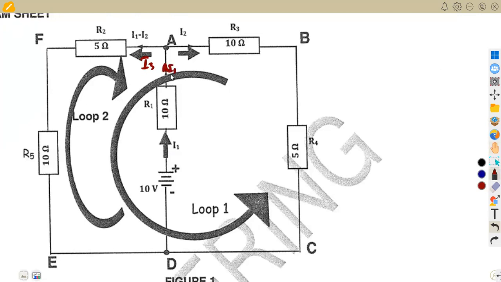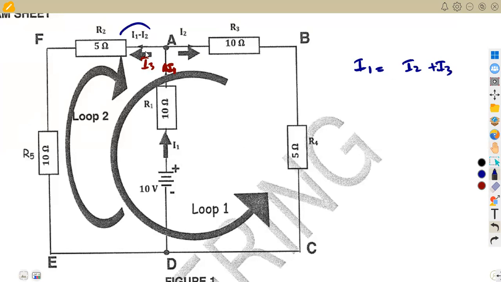So this current 1 must be equal to the sum of these two currents flowing away from the junction. That's where we obtain I1 is going to be I2 plus I3.